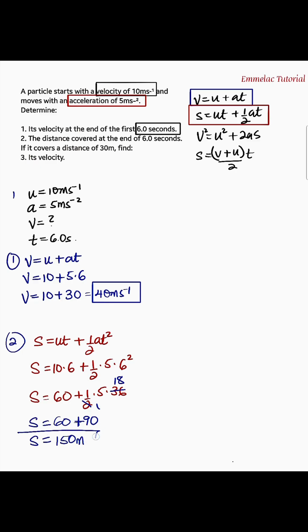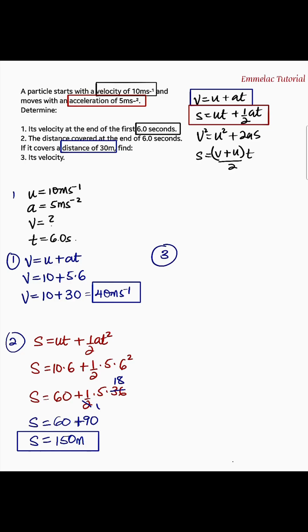So this is the answer for the second question. Let us move to the third question. It says if it covers a distance of 30 meters, find its velocity.